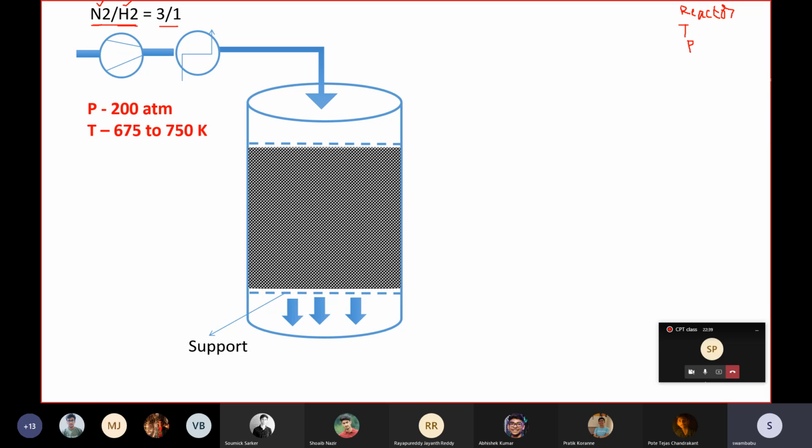For the time being, assume that nitrogen and hydrogen are supplied at a ratio of 3:1. So this reactant mixture, compressed to 200 atmospheric pressure and heated to 675 to 750 Kelvin, is supplied to this reactor.